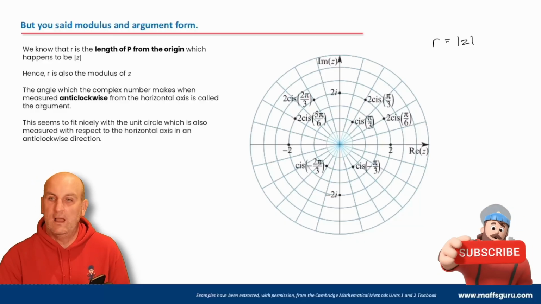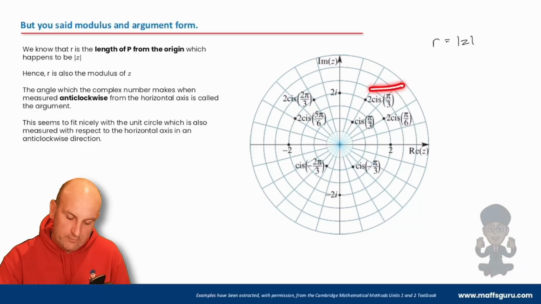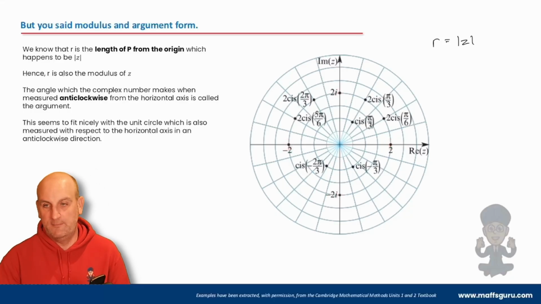So how does this fit? These are examples of modulus argument forms where we've got 2 cis pi on 3. That 2 means the point has a radius of 2, so the distance from here to that point is 2. For reference, they've written on 2, 2, 2, and 2, again 2, 2i, minus 2, and minus 2i, because of the real and imaginary axes.